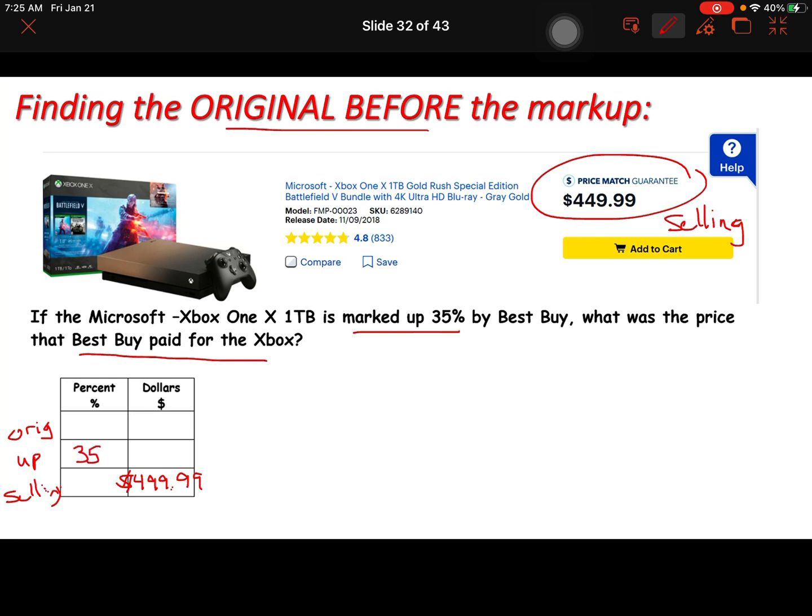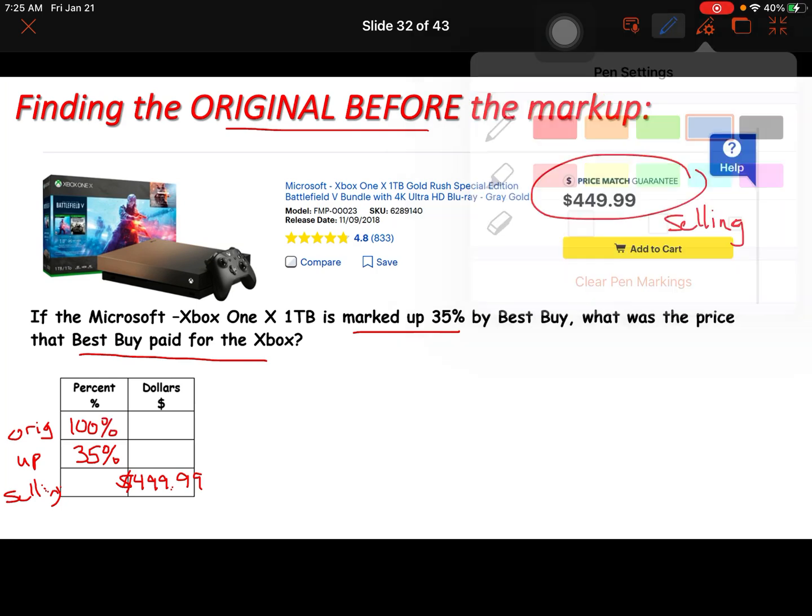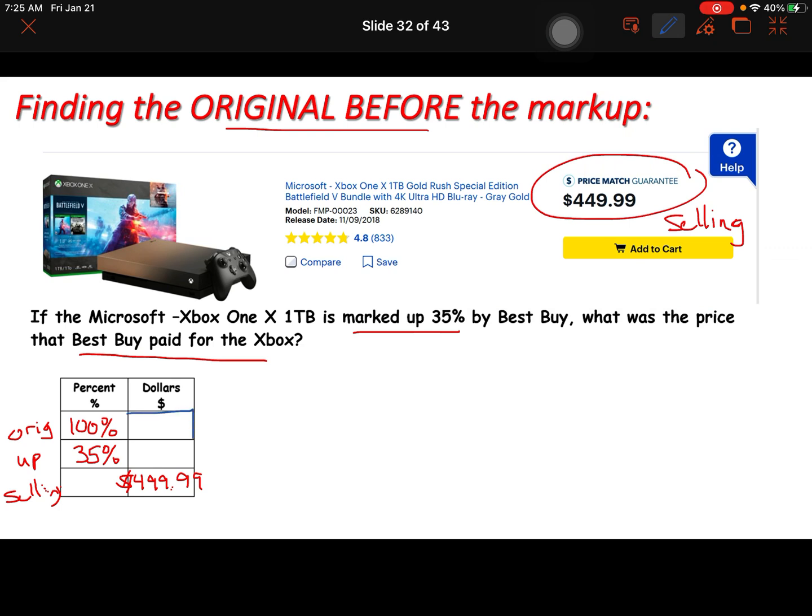It's marked up 35%, so that's the markup percent, and we know that 100% of what they paid, they're going to want us to pay as well. We're trying to find this box up here at the top, which is our original before they marked it up. The only way to get to this original amount from the selling price is to know this.